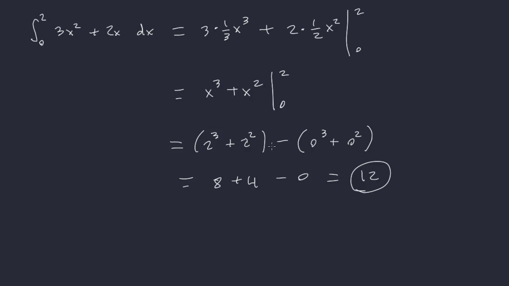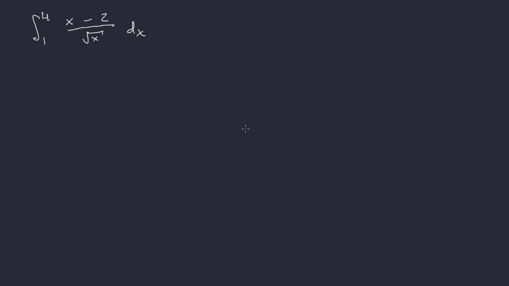If you ever wondered how you could find the area of something wavy, that's how. They're using integration and the fundamental theorem of calculus. All right, let's look at another example.